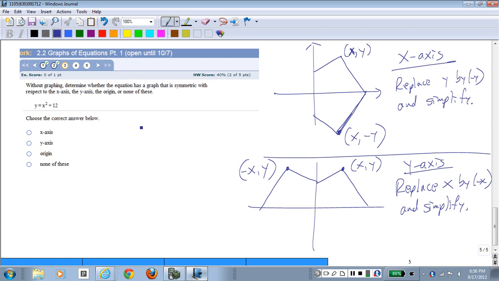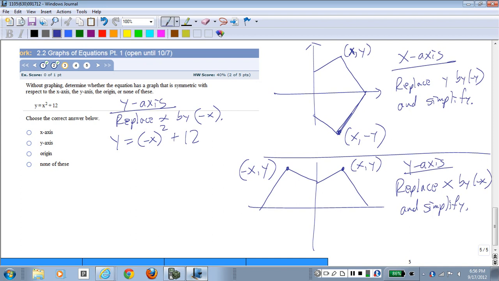In this case, we look at it, maybe we suspect that it has y-axis symmetry. So to test for y-axis symmetry, we replace x by negative x, and we check it. y equals negative x quantity squared plus 12. And I made a bigger deal out of it 2 years ago when the videos were recorded than maybe I sometimes do more recently.